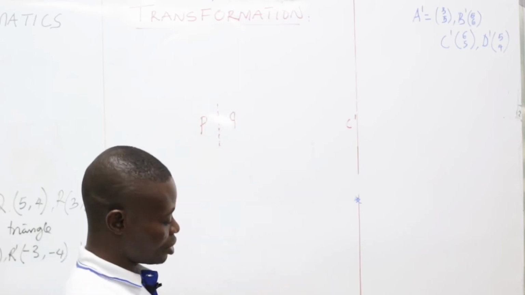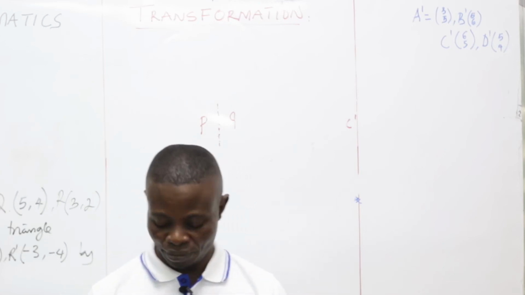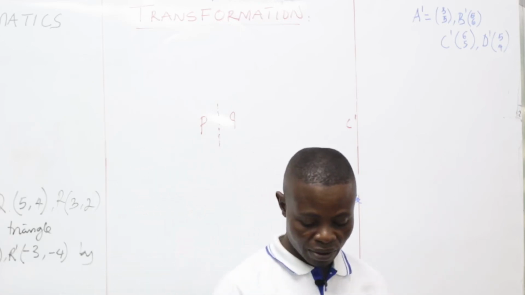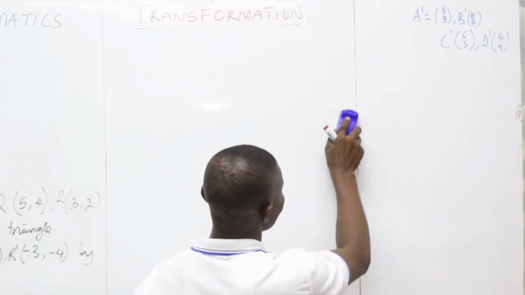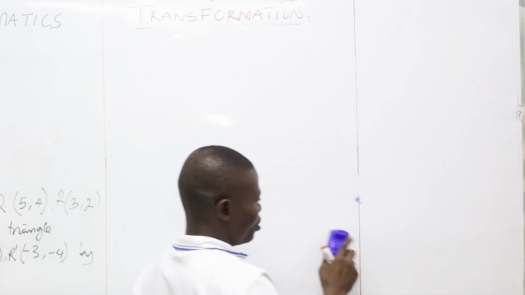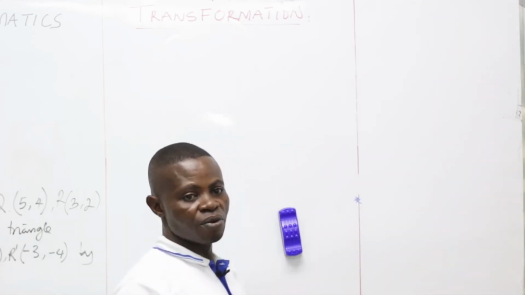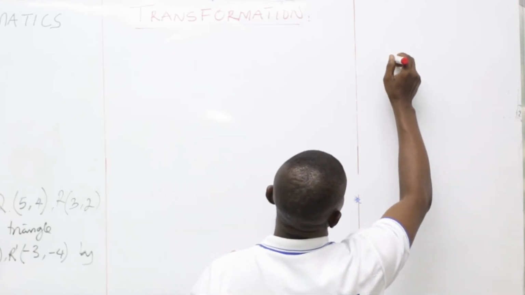This is a line of symmetry under reflection. Now let us use letters to represent the full interpretation of reflection so that while we solve, you get to understand the meaning of what you are doing.